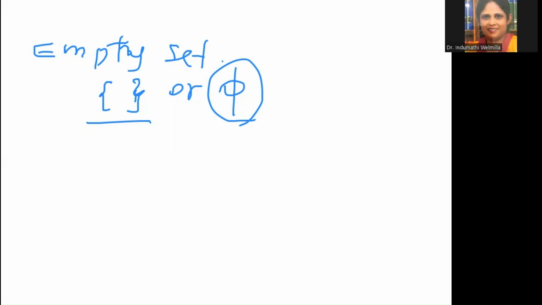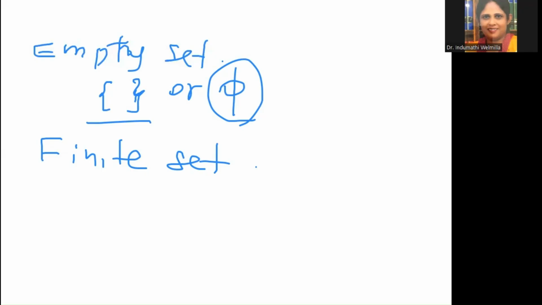Finite set. That's another type of set. A set which contains a definite number of elements is called a finite set.